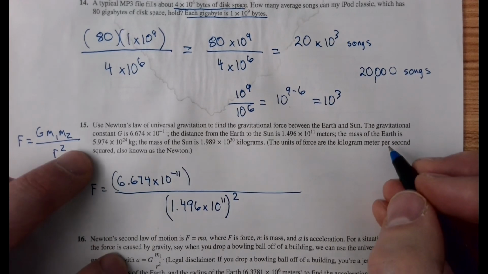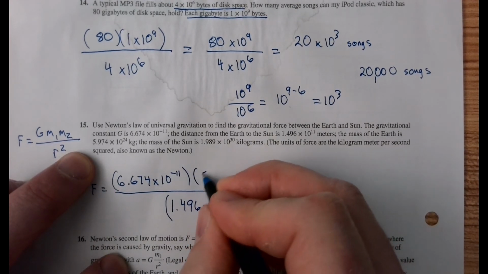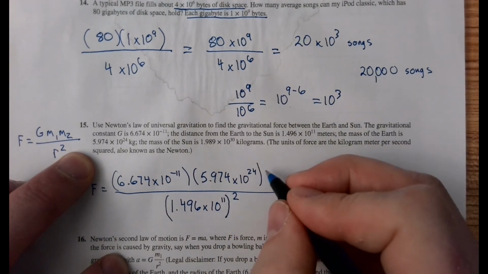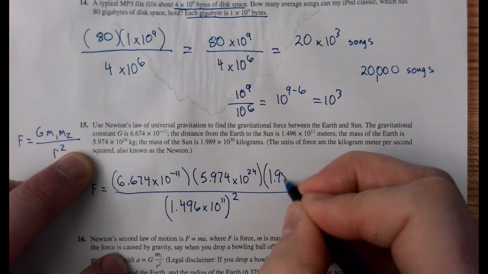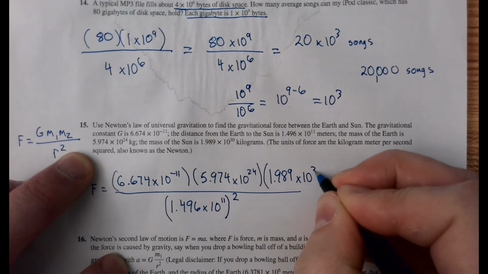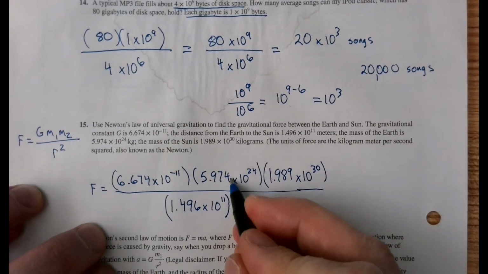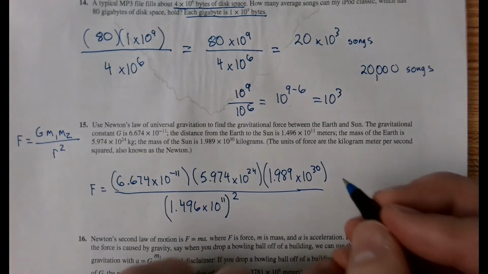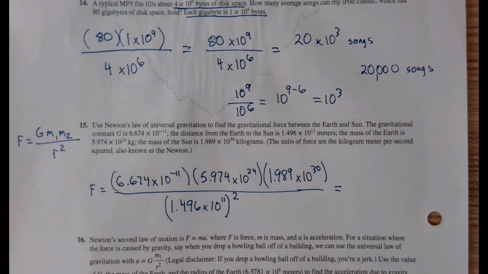The mass of the Earth is 5.974 times 10 to the 24th kilograms, and the mass of the Sun is 1.989 times 10 to the 30th kilograms. Notice these are the numbers that were given to us on the previous page, not in decimal form.